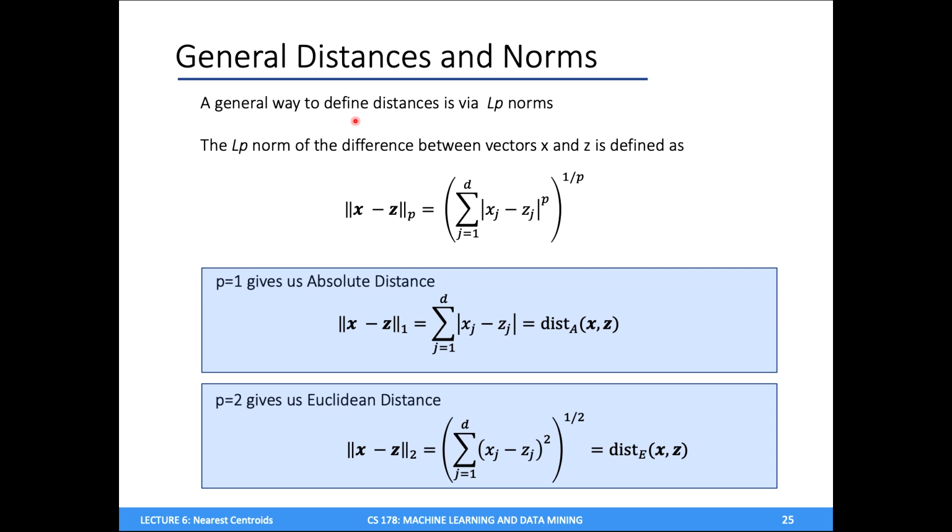If you use a very large value of p, then the Lp distance is close to the maximum value of xj minus zj. So maybe we can compare features by how large the biggest difference in a particular feature is. In practice, p can be a hyperparameter in your model, and it's something you can tune with experimentation.